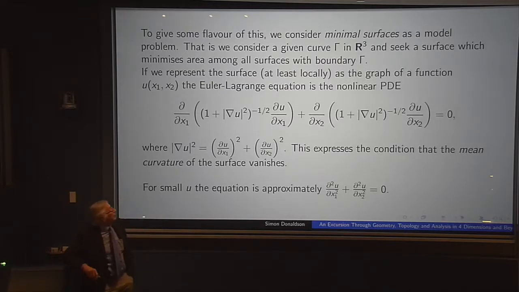We can represent a surface, at least locally, as the graph of a function u of two variables x1 and x2, and the solution of this minimization problem, or variational problem, always satisfies what's called the Euler-Lagrange equation, which in this case is that nonlinear partial differential equation written down in the middle of the slide.